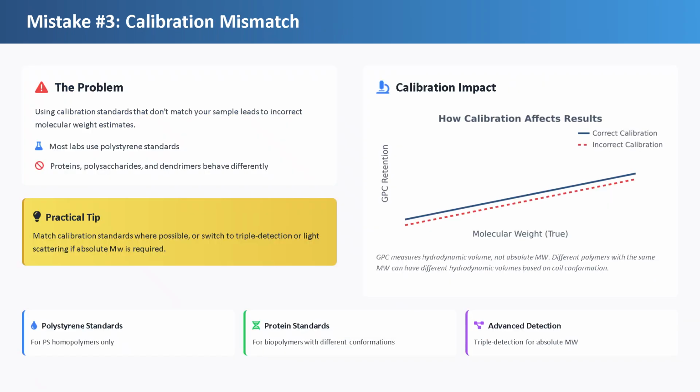The third mistake is one that even experienced labs make: calibration mismatch. Most GPC systems are calibrated using polystyrene standards because they're cheap, well-behaved, and widely available. The issue is that GPC doesn't measure absolute molecular weight, it measures hydrodynamic volume.